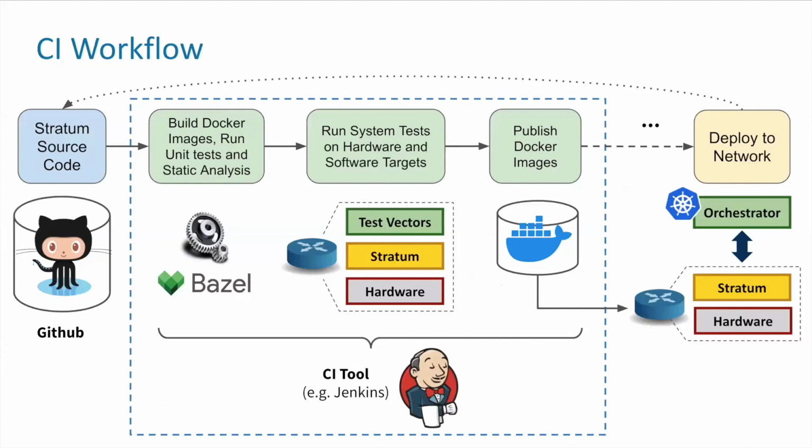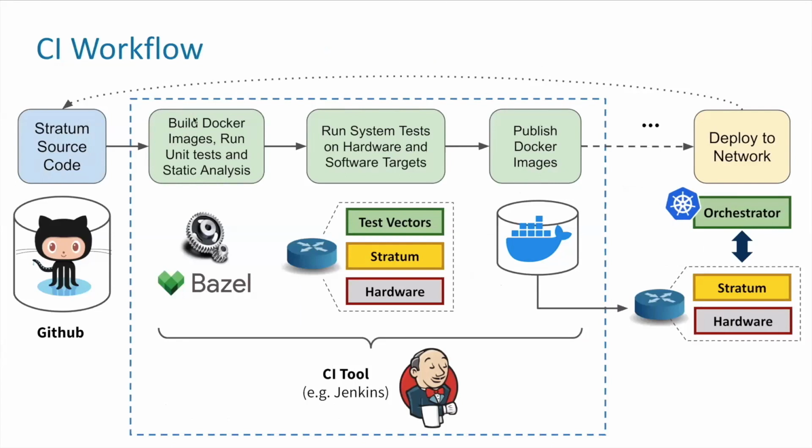So this is our CI workflow. We have a three-stage pipeline for implementing CI/CD in Stratum: build, test, and publish. Whenever a new code change comes to Stratum, the build stage starts.